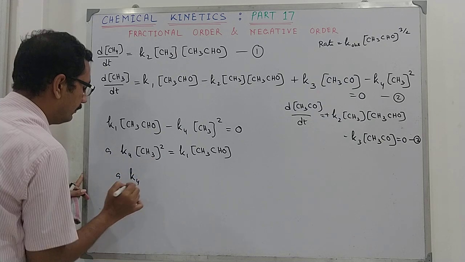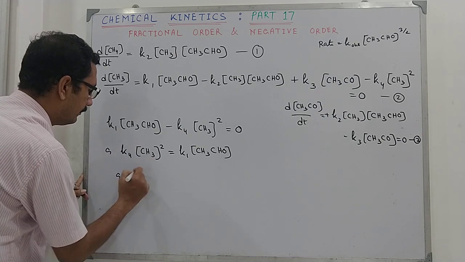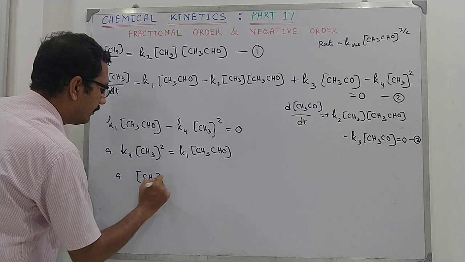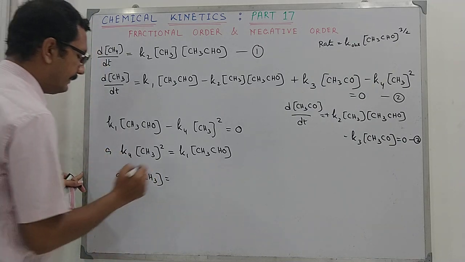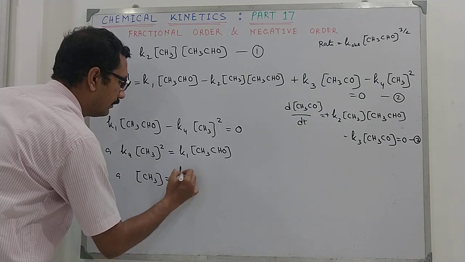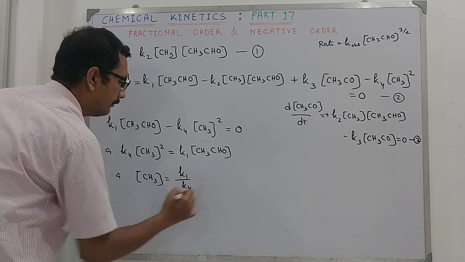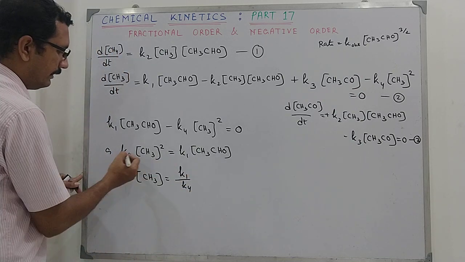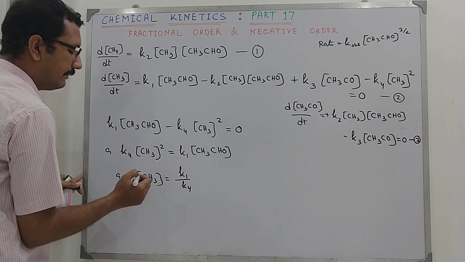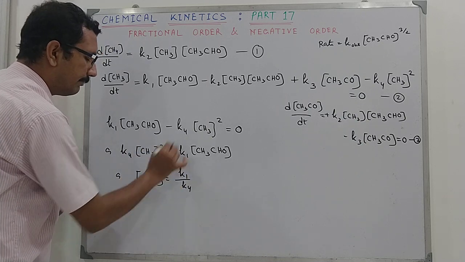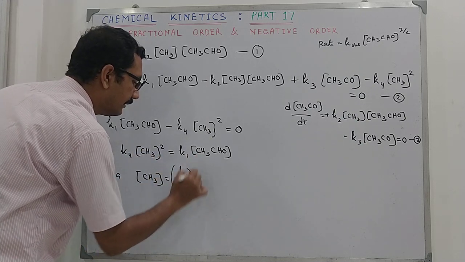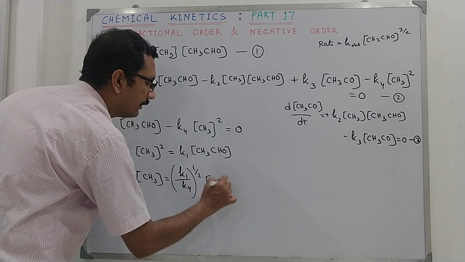Now the concentration of free methyl radical will be K1 by K4. We take this K4 to the right hand side and we have to square root it, so it will be to the power half.